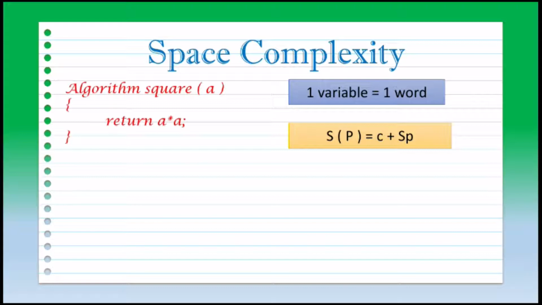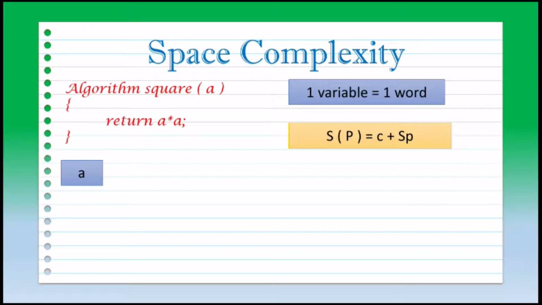In this example, how many variables are there? Only one variable, that is A. The space required by variable A is fixed, that means the size of A remains constant.